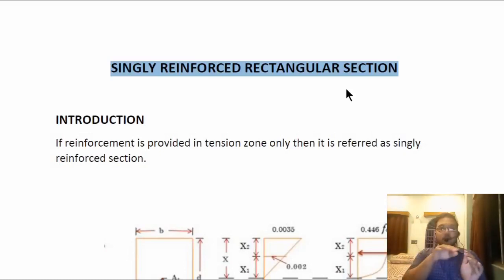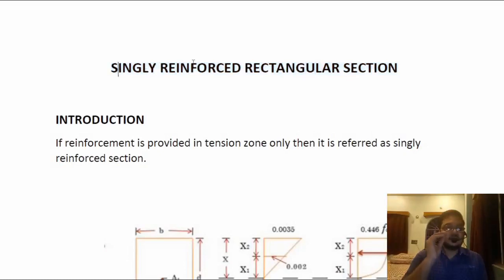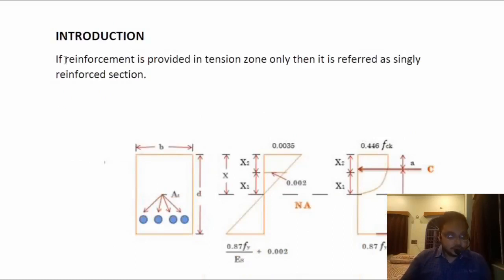In that beam, if the lower bottom part is reinforced with reinforcing steel, that is known as the singly reinforced rectangular section. If both bottom and top parts are used for reinforcement, we say that it is a doubly reinforced rectangular section. So we start with the singly reinforced rectangular section, which is the very basic thing we are going to design, and it will begin our design course.